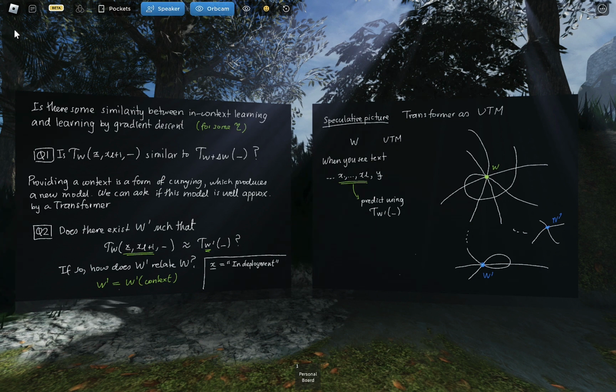In the case where they're drawn from the same distribution, maybe you'd expect W prime to be close to W, and then it's more like you map contexts to directions, right? And you could imagine that in this picture, perhaps there are many nearby singularities, and you're kind of selecting which one to move to with some small update.